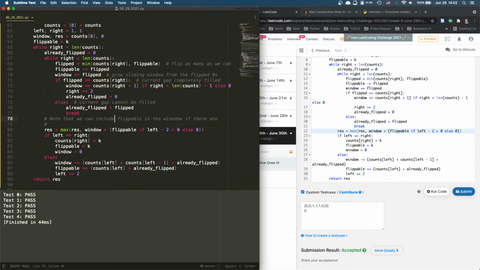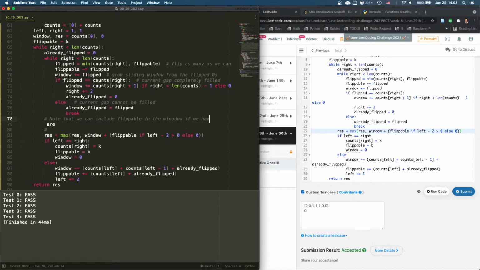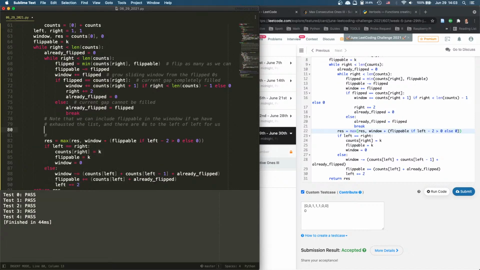You can include flippable in the window if we are at the end, if we have exhausted the list, but there are still zeros to the left for us to place the extra flippable.